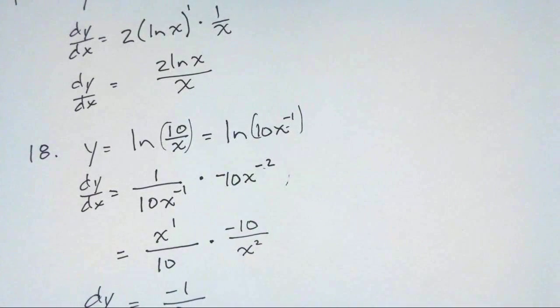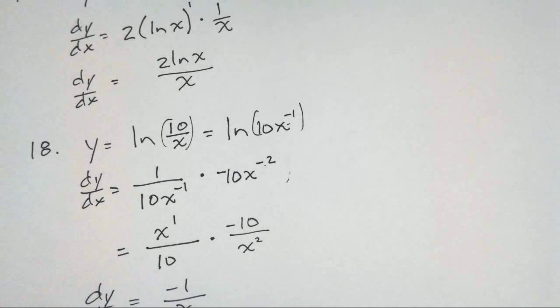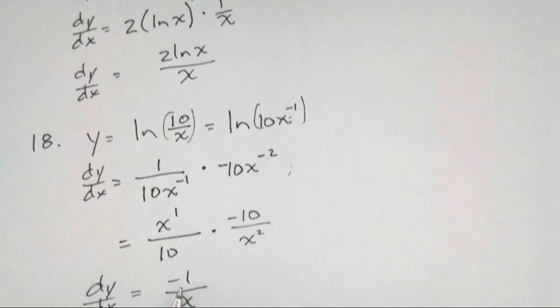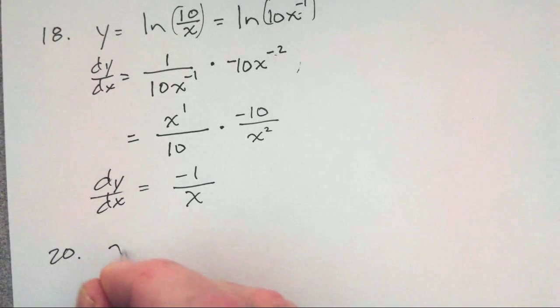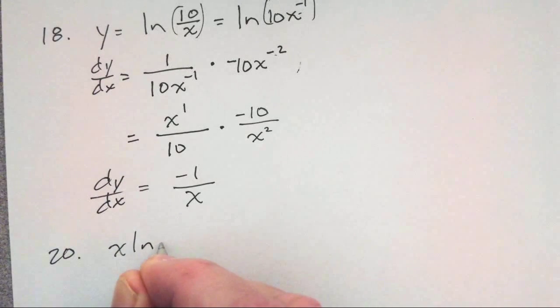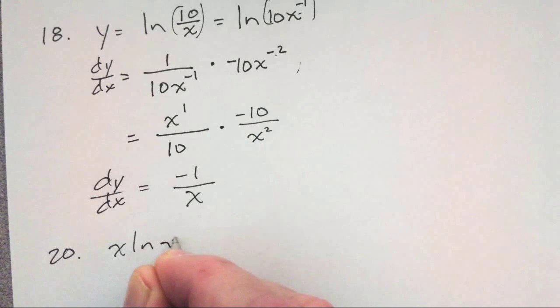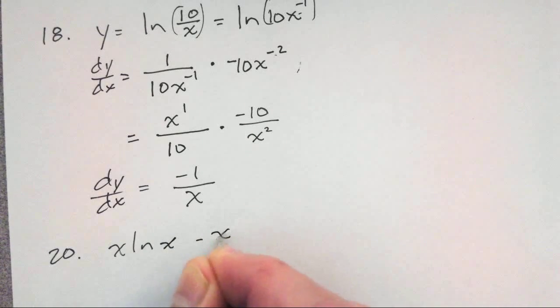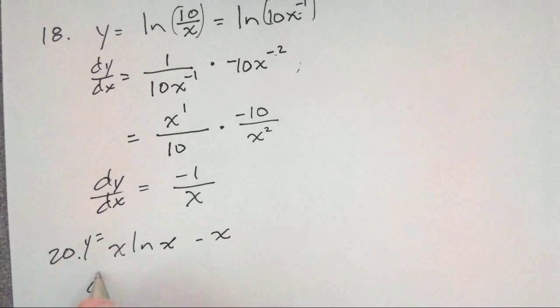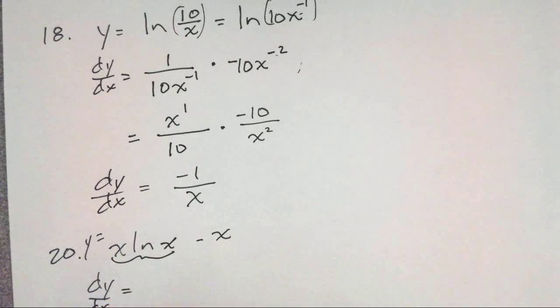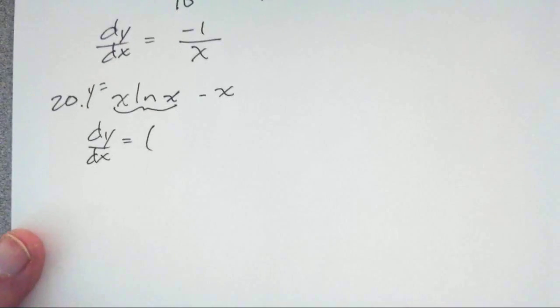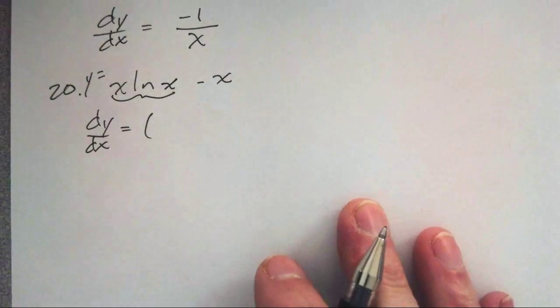Okay. Anyway, let's take a look at number 20. Number 20 is y equals x ln x minus x. dy dx. Product rule. Every time I get a product rule, I'm writing parentheses whether I have to or not. Excuse me as I adjust the paper.